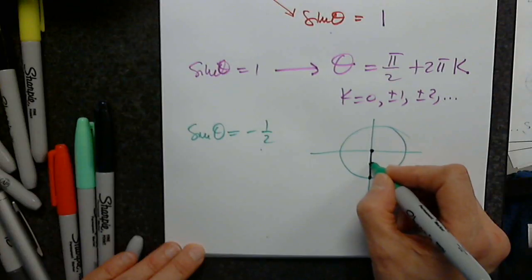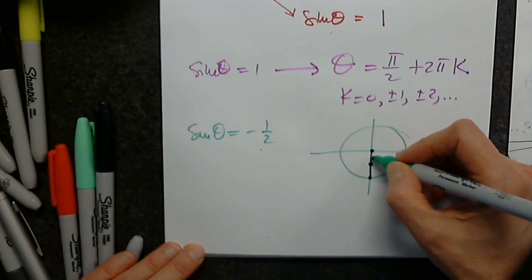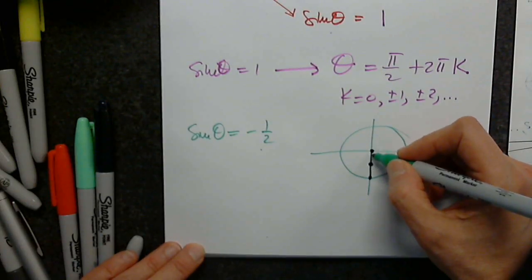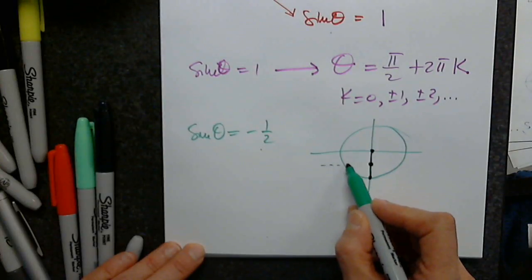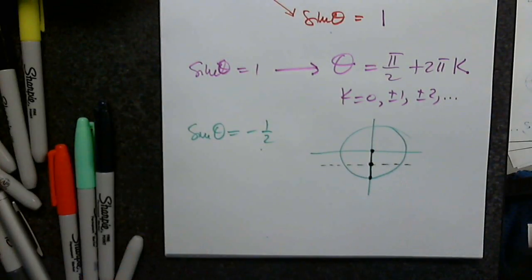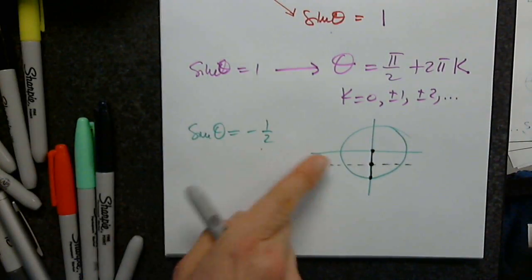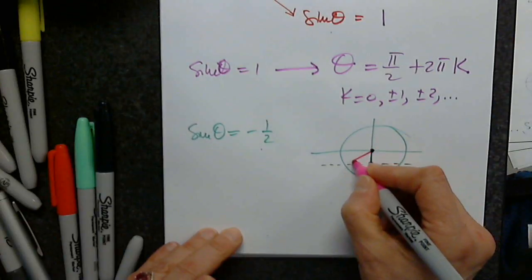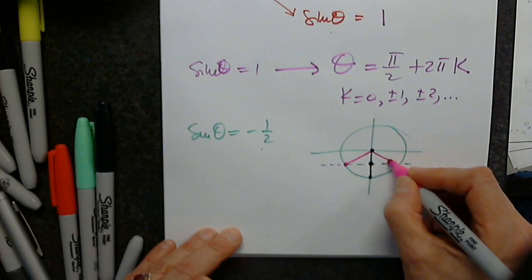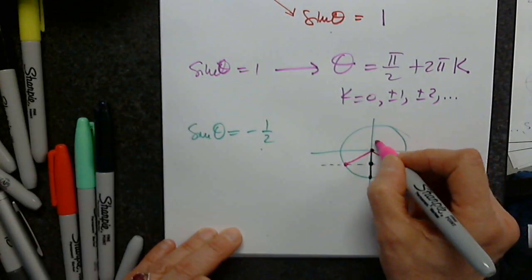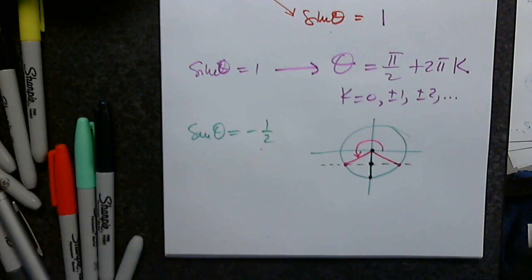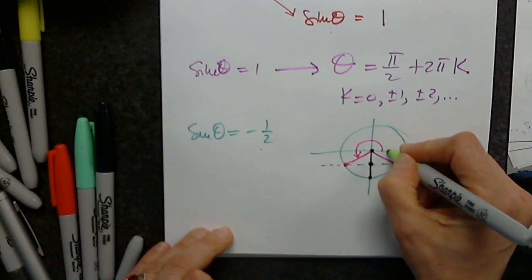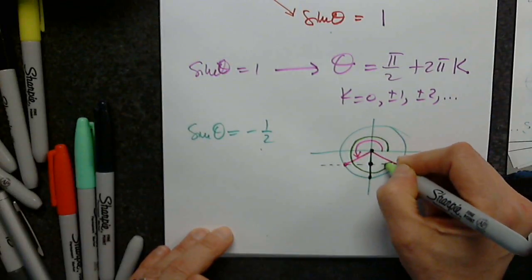So do we agree that this piece is negative 1/2? Yes. So right here I have to draw a horizontal line, because sine theta is negative 1/2 is this piece. Okay, so then I know for sure that there is an angle that ends in the third quadrant and another angle that ends in the fourth quadrant.